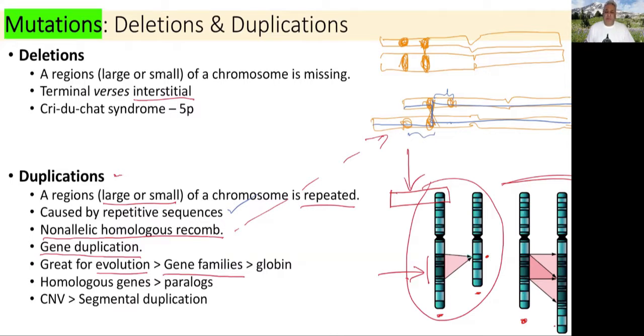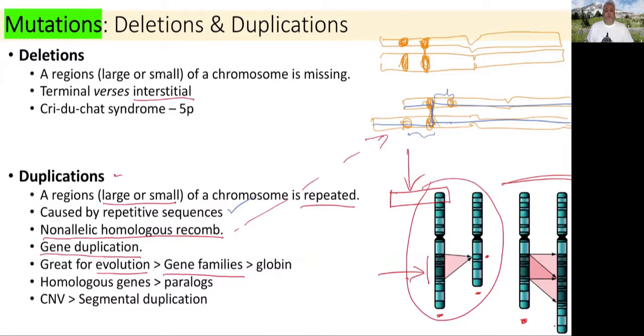So gene families are simply genes throughout the genome that are related to each other through sequence and function. And the reason they're related to each other is because they came from duplicated genes by a mechanism such as this. And the classic example that we use in genetics textbooks is globin, the globin gene family, right?